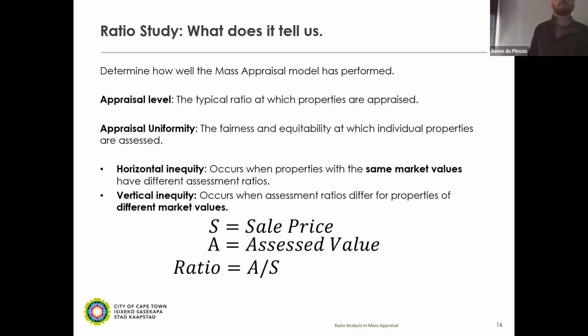For vertical inequity, we look at whether a house that is in Rondebosch and a house that is in Clifton, for instance, which is much more expensive, whether we have been more favorable towards the owner of the expensive property or the owner of the cheaper property.